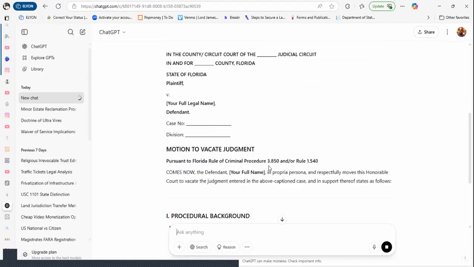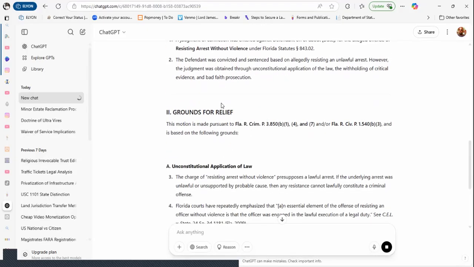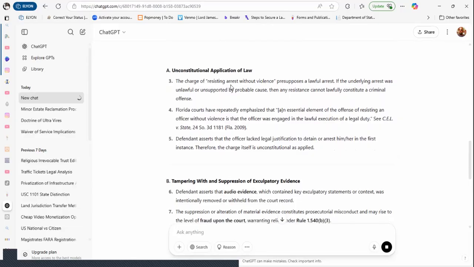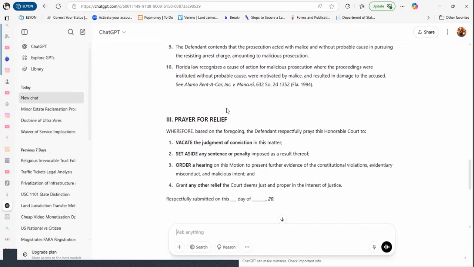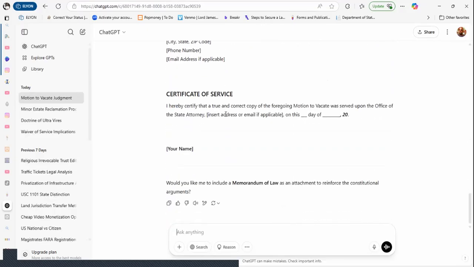Here's your motion. I just gave you guys some huge gem drops here.